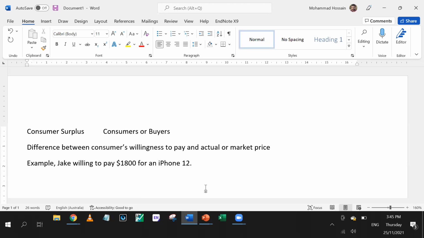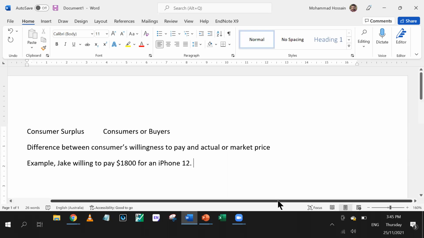So when he went to the market, he found that Apple set the iPhone 12 market price at, let's say, $1,600. So Jake's consumer surplus is $200. That's what consumer surplus is.